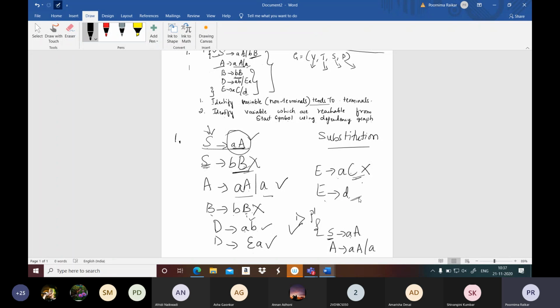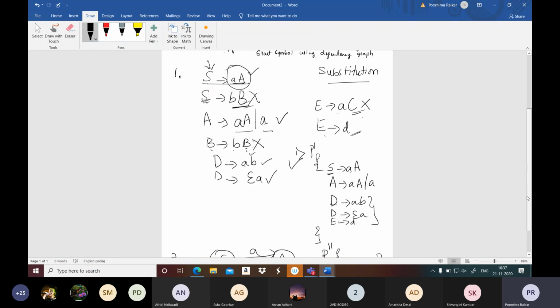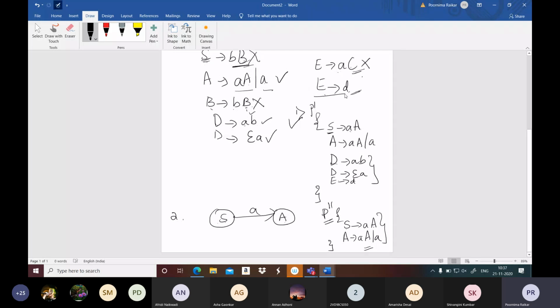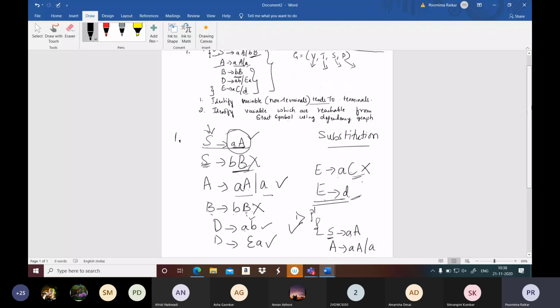But E I can substitute. When I go to the second step with the dependency graph, I also have to eliminate E because S is not reachable to E. So this is how we solve elimination of useless grammar.